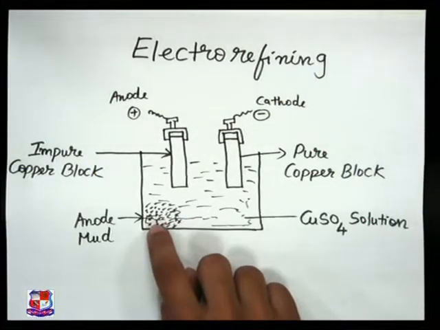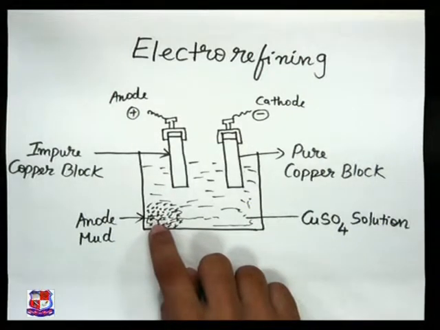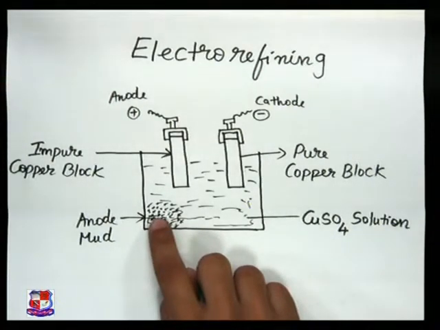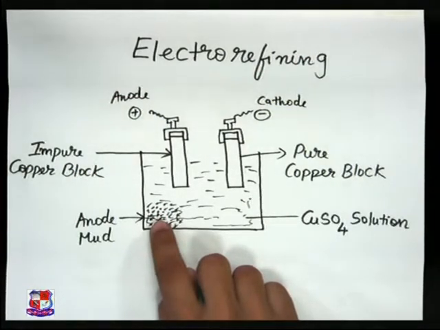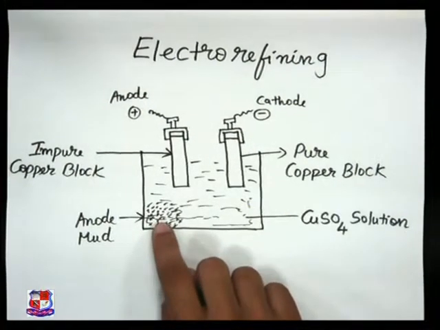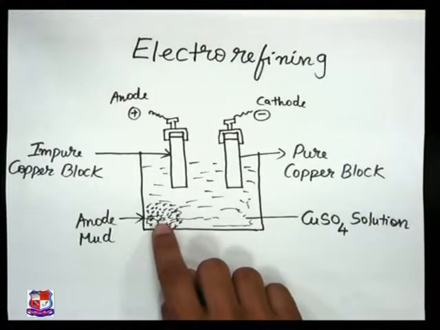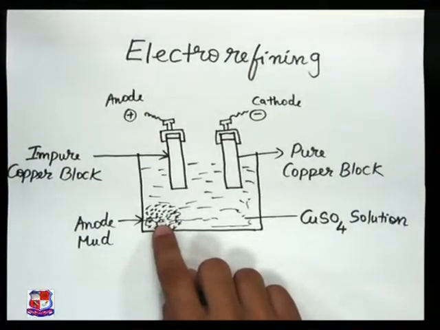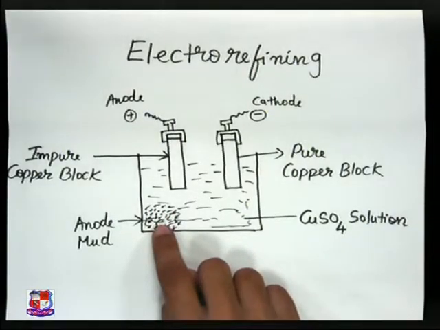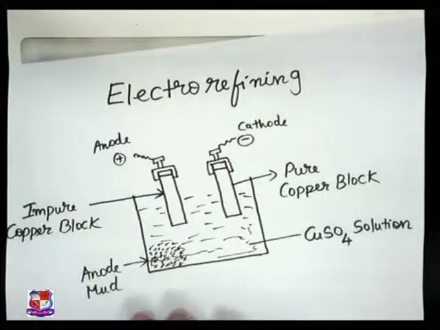So these precious metals may be found in this anode mud. For that, this anode mud has to be processed before throwing it out, and precious metals, if they are found, like gold and silver, have to be removed and purified separately. This is our electrorefining process.